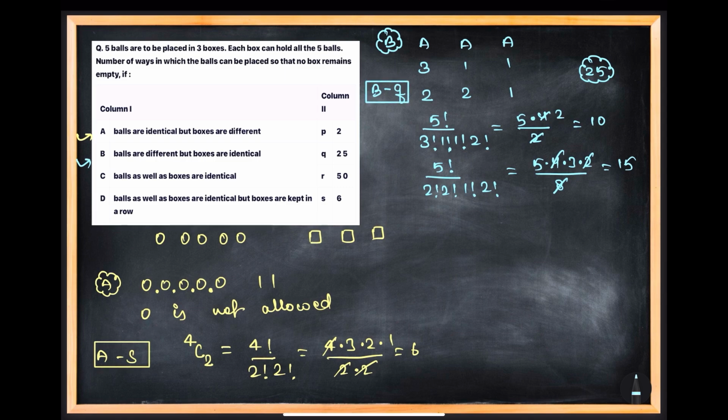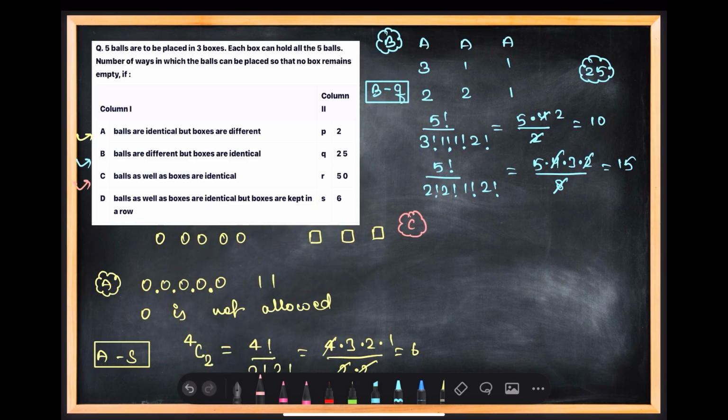Okay, now handle situation C. In C, ball as well as box, both are identical. If both are identical, then only distribution is allowed. You only have to do distribution and things are done.